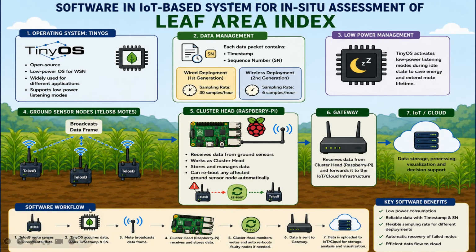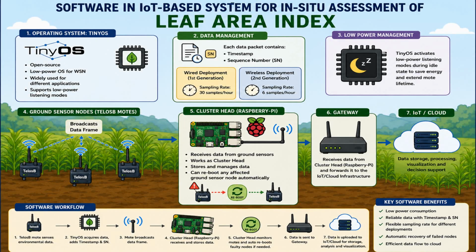Now here the ground sensor nodes continuously monitor the environmental conditions and broadcast the data frames, and these transmissions are received by the Raspberry Pi, which acts as a cluster head here. The Raspberry Pi performs multiple functions including collecting the data from the sensor nodes, storing information temporarily, managing communication, and monitoring the health of the sensor nodes.